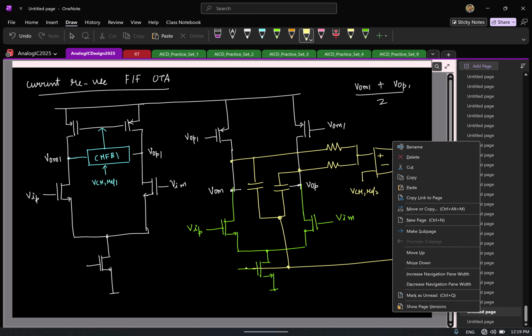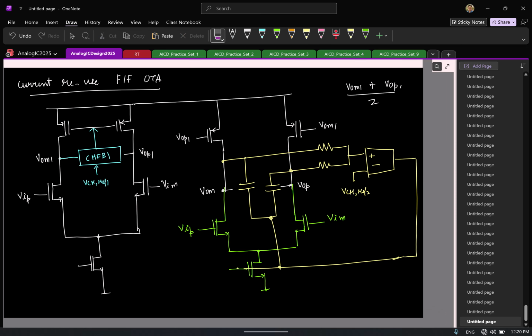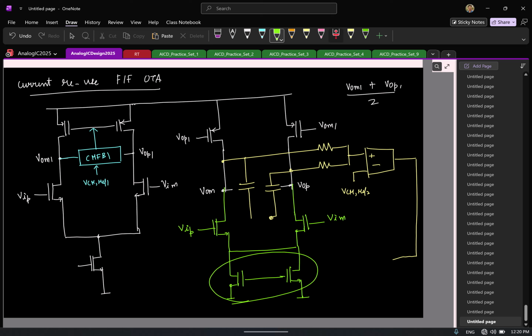And if I were to redraw this in a better way, what is typically done, just for the sake of drawing, is I'll assume that this current source is split into two halves. The single transistor is split into two halves. So I can say one goes here.